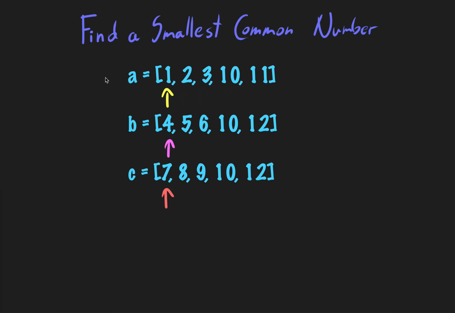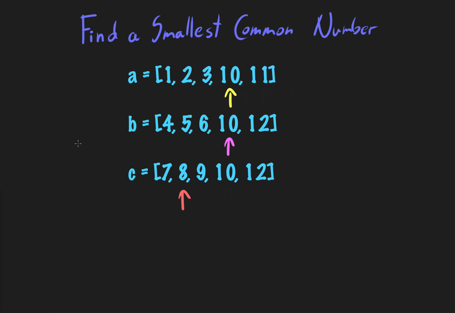So in this case, we would just advance 2. It's still the smallest number until we get to 10, and then 10 is no longer the smallest one. So we advance the smallest one, which is the purple one, until it's not the smallest anymore.